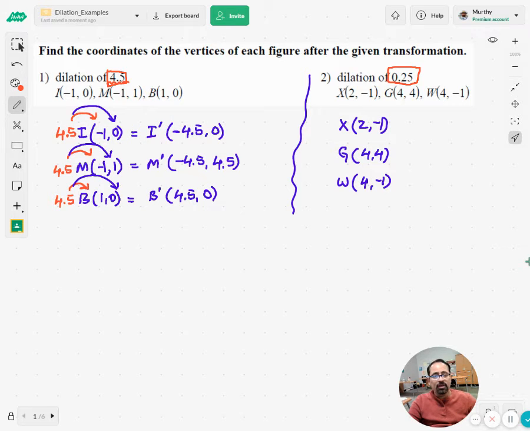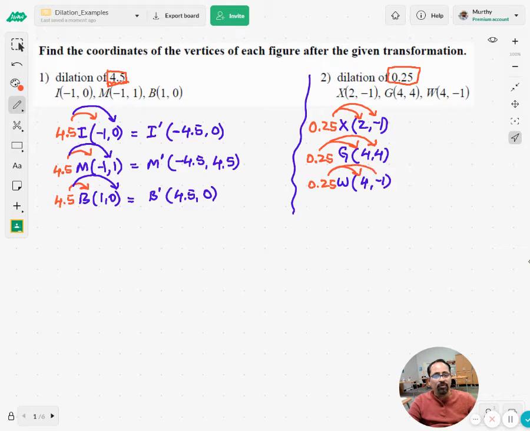So let's take 0.25 and multiply each of these values, both the x coordinate and y coordinate.